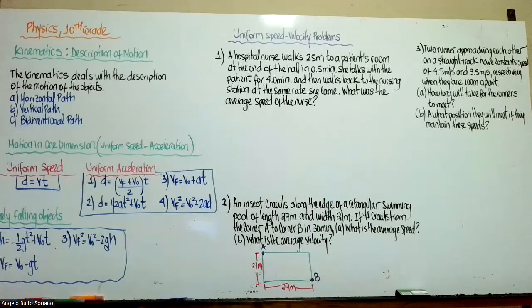Displacement is the change of position of any particular body from one point to another. That means when we say an object moves 10 meters, we're saying it's moving in one single way, to the right side.